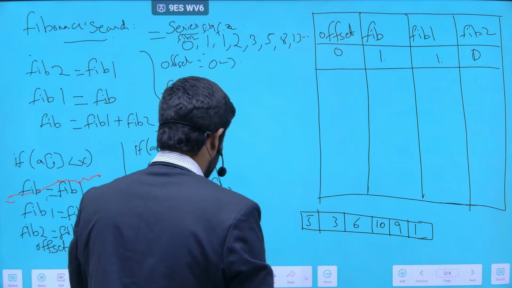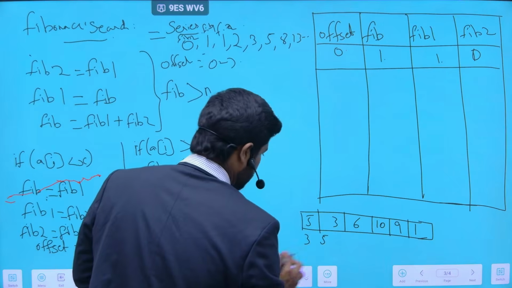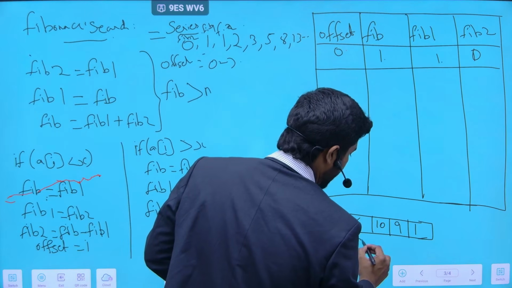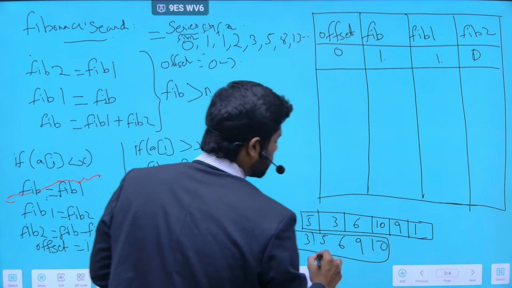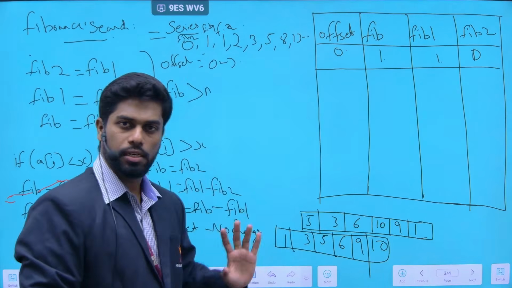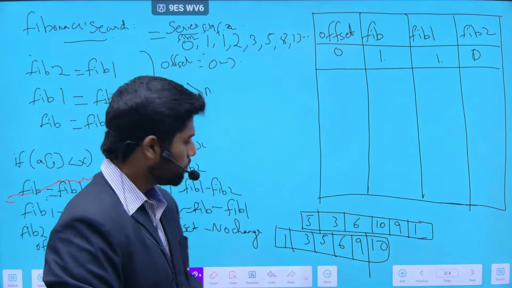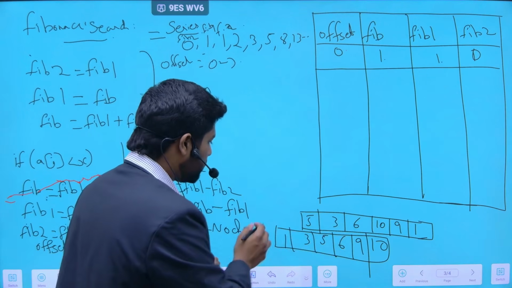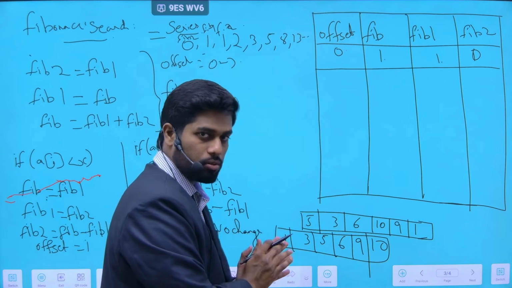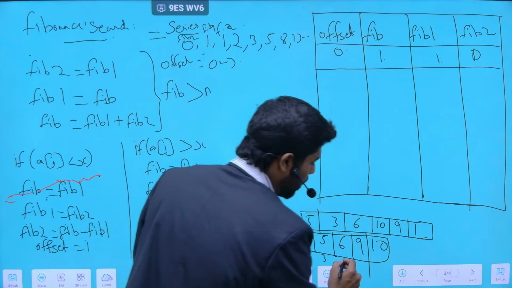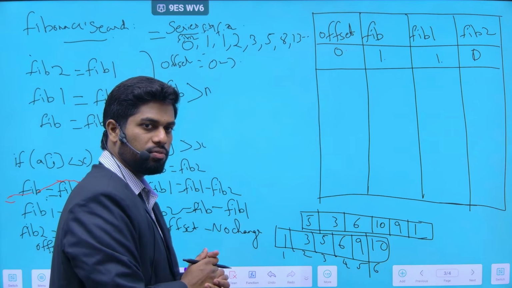After sorting: 1, 3, 5, 6, 9, 10. We sorted the array using any one of the sorting techniques. Now we will have the positions. Here we are not going to start from 0, we are going to start from 1, 2, 3, 4, 5, 6.